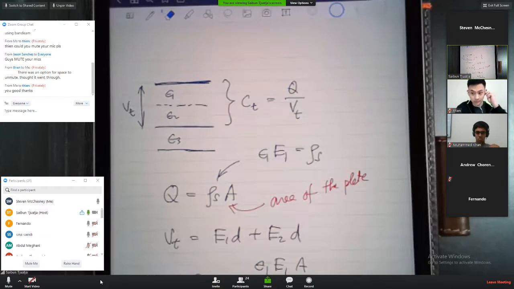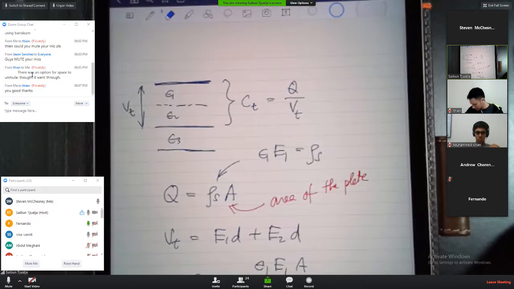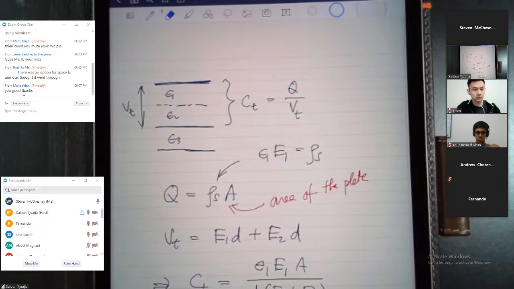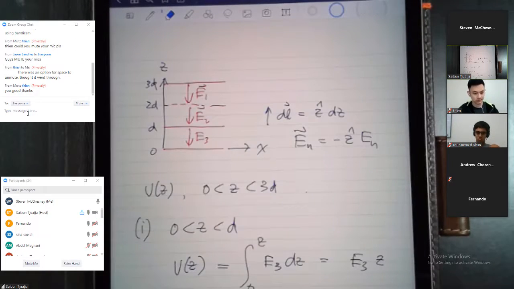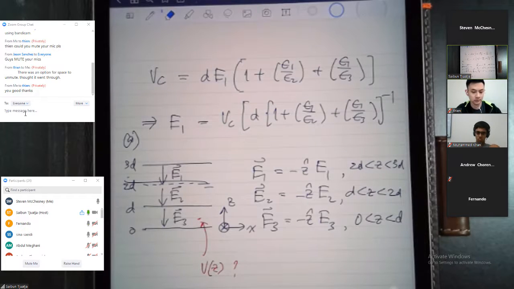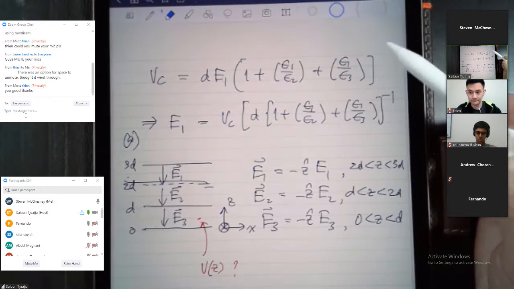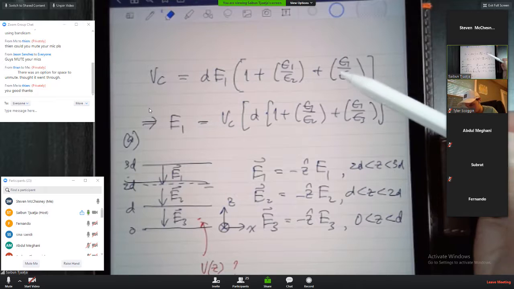Could you put the values in for the different variables to see if the voltage sums up to VC? It has to, because all of this is coming from the boundary conditions, right? So it has to be the same, right?